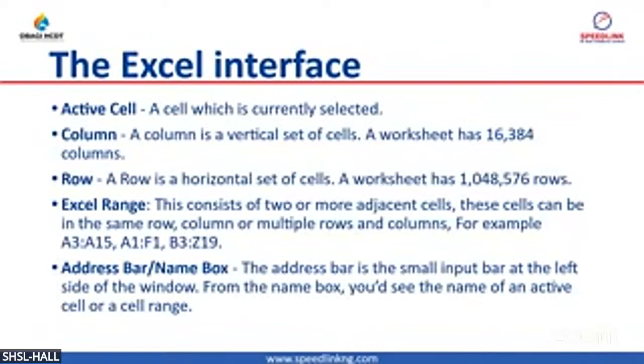Now, a column. What's a column? A column is a vertical set of cells. I also teach kids Microsoft Excel, and I usually tell them that a column is those lines from your head to your toe.